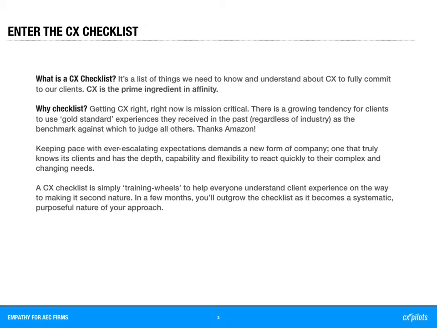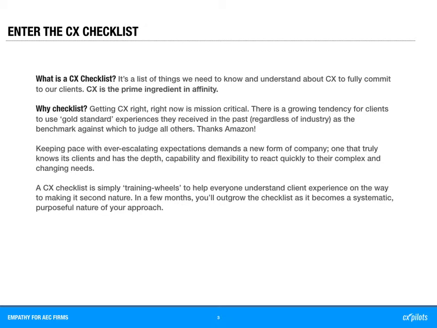We also like to say that the checklist, the thing that we're going to be sharing with you today, has become extremely valuable from our clients' perspective, but it also needs to be thought of as training wheels. What we're going over today is going to help you look at how to inject more empathy into your client interactions, but you don't need to use the checklist forever.